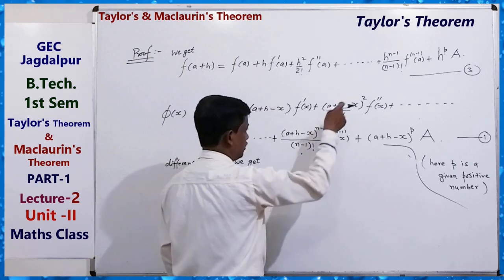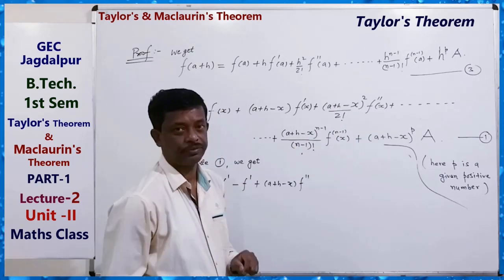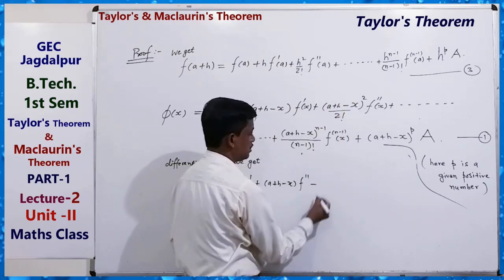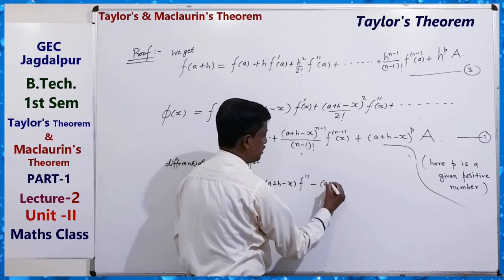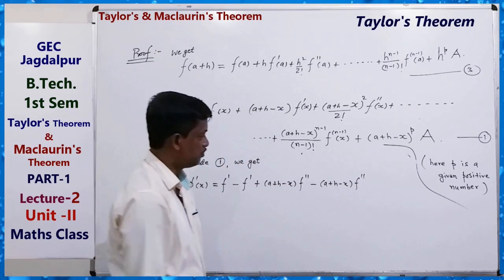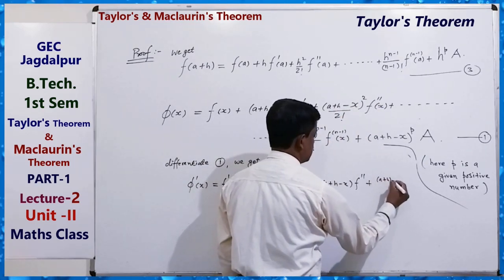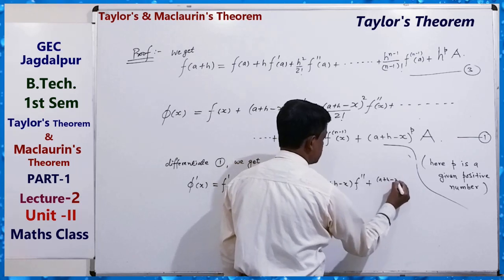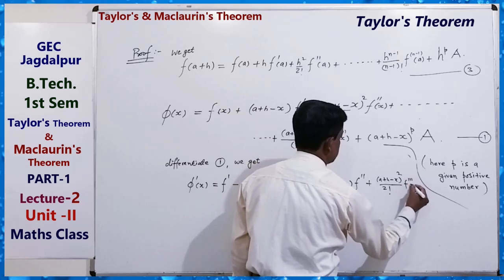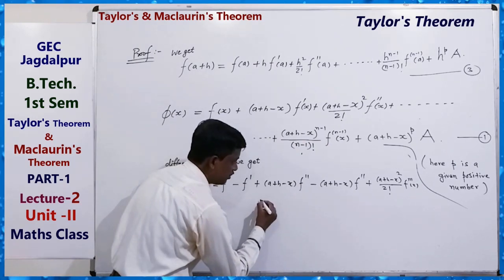Similarly, its derivative, first function into second function, so its derivative is 2 of this, minus 1, so minus 2 to cancel, (a plus h minus x) f double dash, and plus its derivative, and it is as it is, so (a plus h minus x) square upon 2 factorial f triple dash x, clear, and minus, and so on and so on.